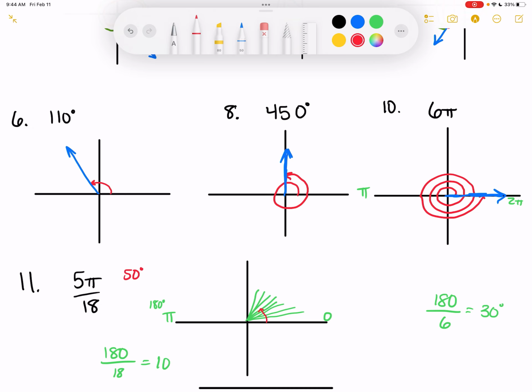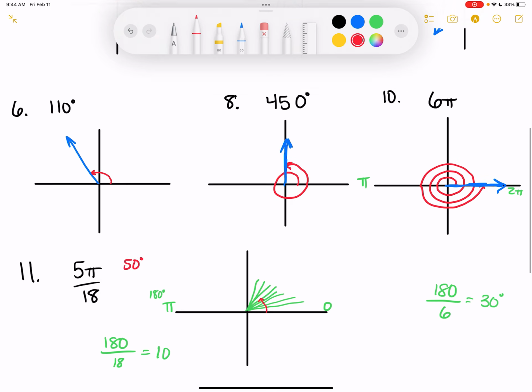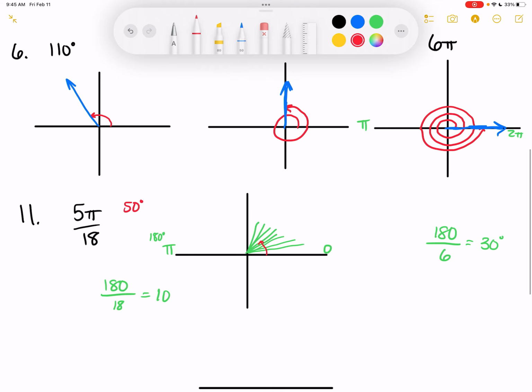I typically don't give you those just because it's very hard to draw them, because obviously you're trying to basically play a guessing game as to where to draw them. I'm more concerned that you can count by the known values, the pi over 3s, pi over 4s, pi over 6s, things like that. If it was some kind of pi over 9, we do it the same way. We do 180 divided by 9 and figure out what increments it goes in.